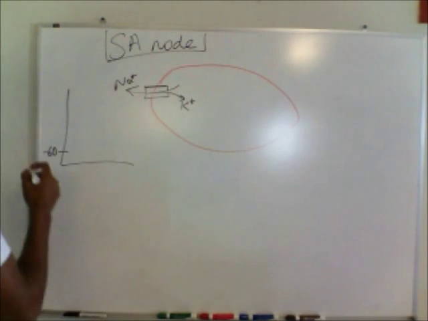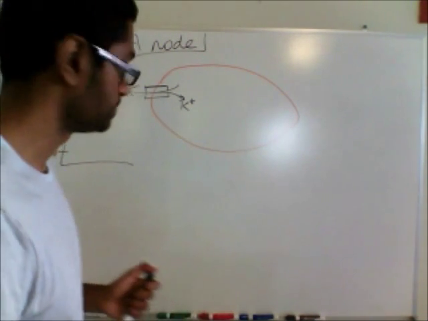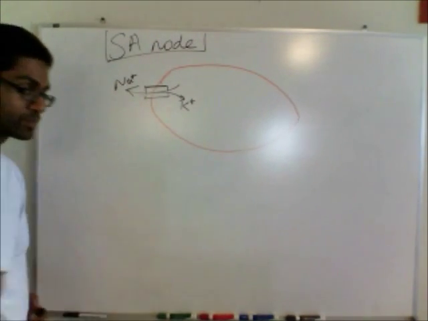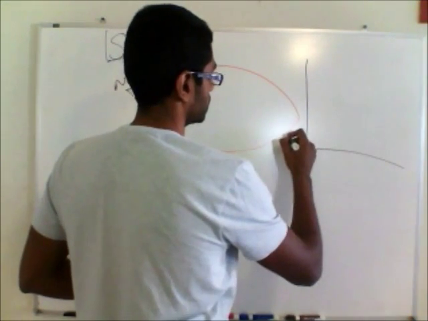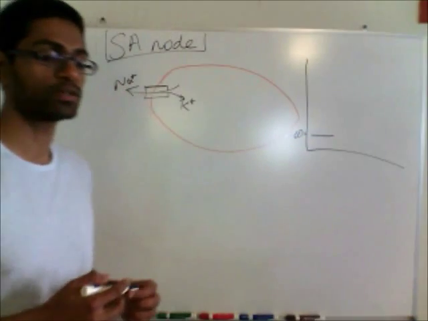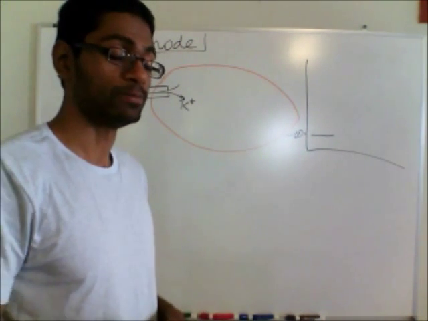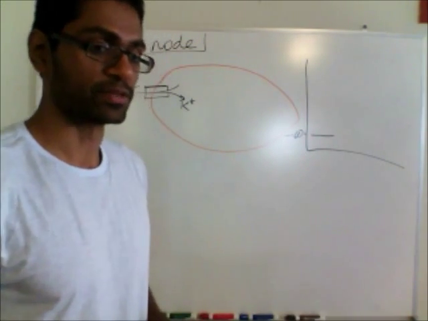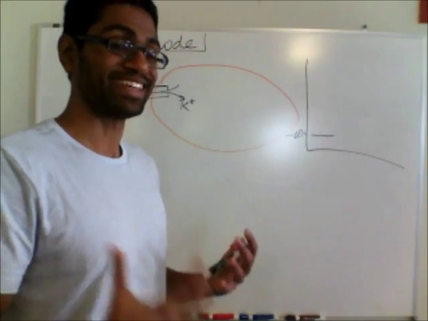Now, obviously, at this level, it's kind of hard to generate that electrical impulse that the cardiac myocyte does. Okay, it uses a slightly different mechanism. Therefore, this is how the SA node maintains that automaticity.